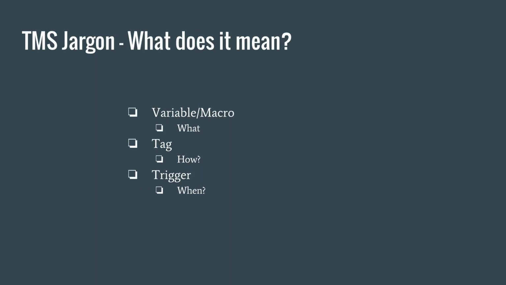If you're using a system that doesn't use macros or variables, you might just have an object in your page. But when I talk about a variable or macro, I'm talking about the actual object that will get passed to said thing. The how is the pixel transporting, or whether you're sending an HTTP request, or it's something that transfers this data over. That's ultimately the tag's role.